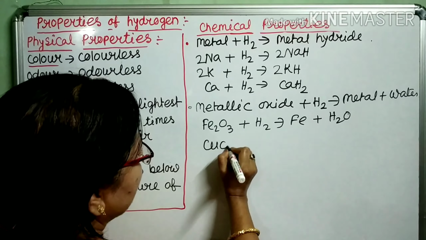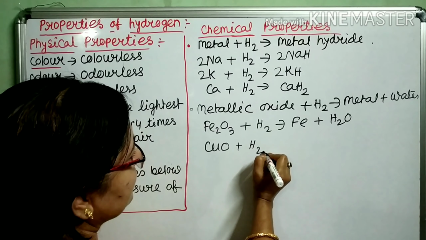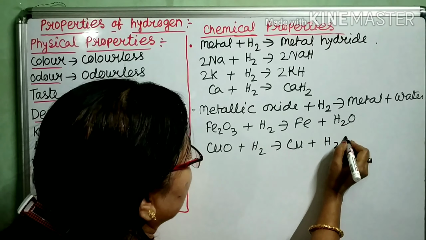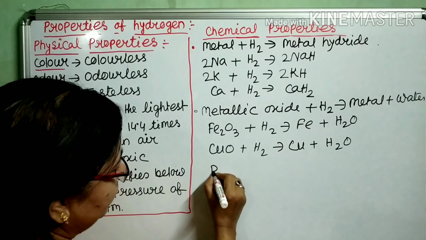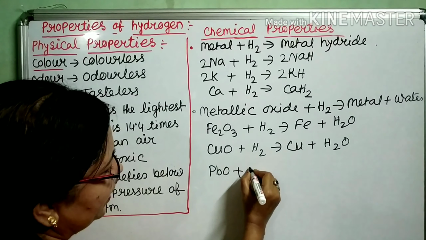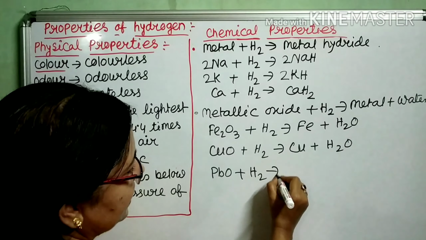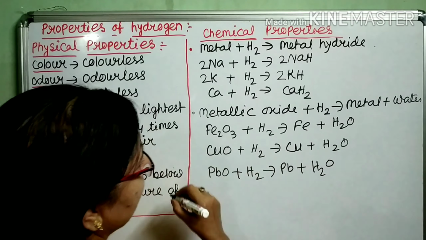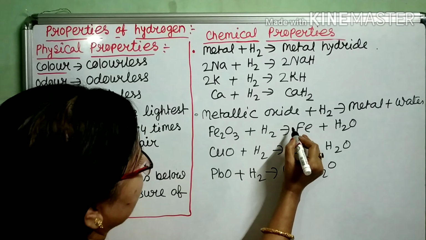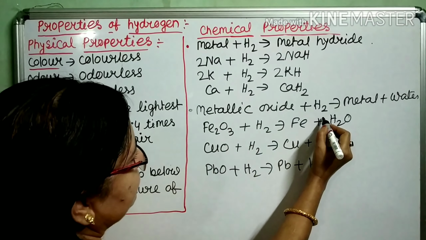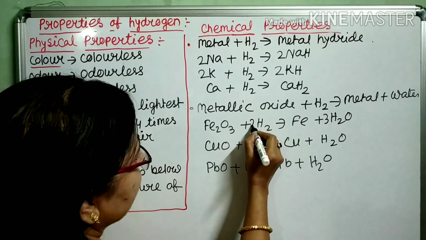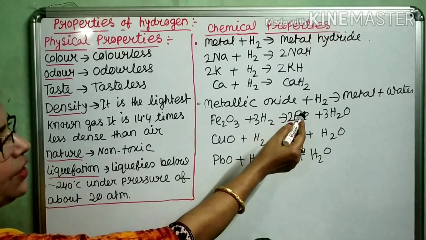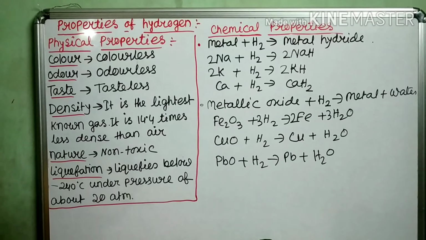CuO plus H2 gives Cu plus H2O. PbO, lead oxide, when reacted with hydrogen gives lead plus H2O. See the balanced equation. Now when a metallic oxide reacts with hydrogen, metal plus water is formed.